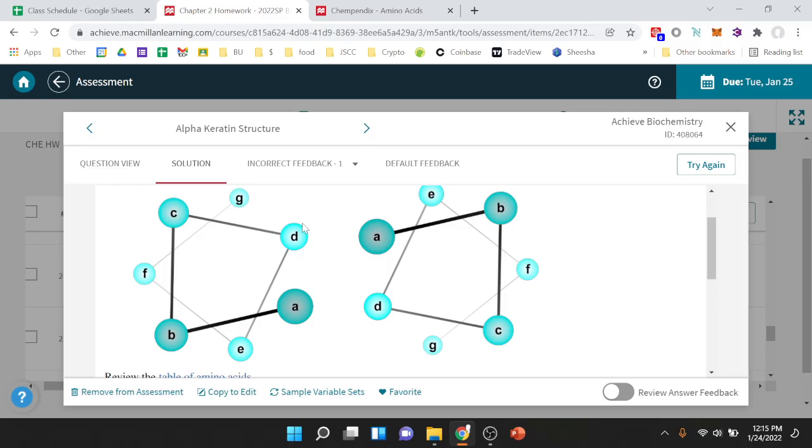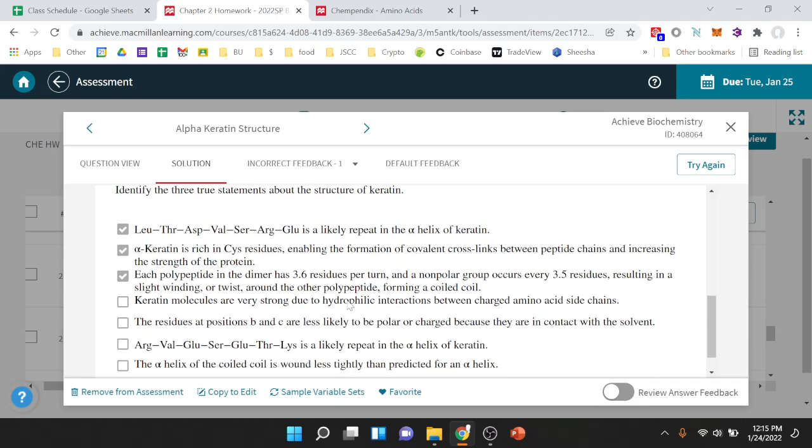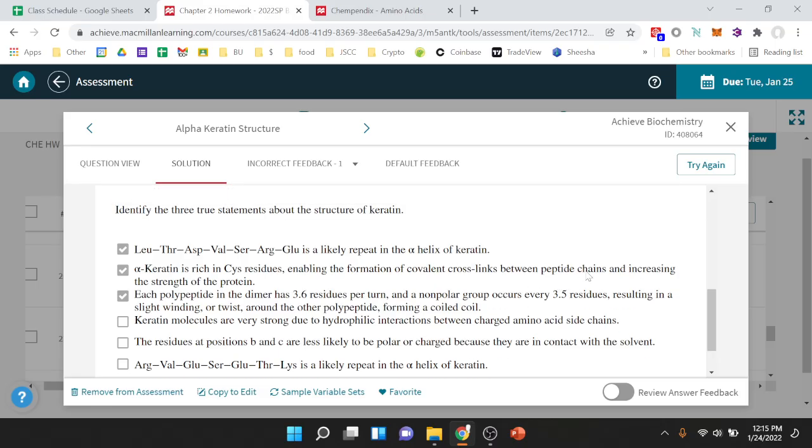Again, that was a bit more than a full turn, wasn't it? Okay, well, 3.6 for a full turn. Oh, okay. Yeah, sure. I could see that. And a nonpolar group occurs every 3.5 residues, resulting in a slight wind or twist.